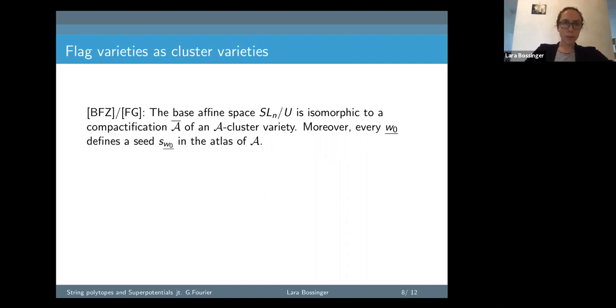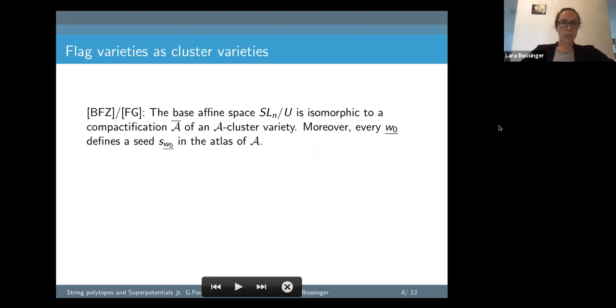Then also Timothy McGee, a student of Sean Keel, further showed in some paper that all the technical assumptions we need to apply this Gross-Hacking-Keel construction are satisfied. Using also Berenstein, Fomin, and Zelevinsky, we know moreover that when we fix a reduced expression of the longest word, this actually defines a seed in the torus, a cluster chart in the atlas of the cluster variety A.